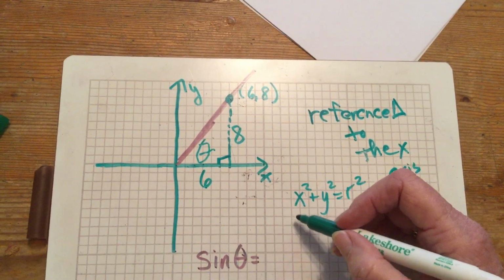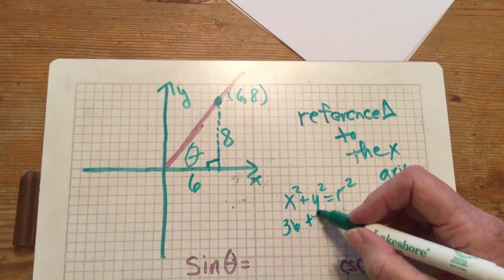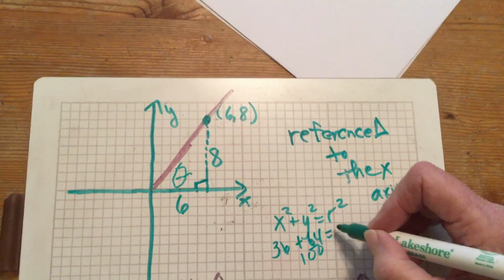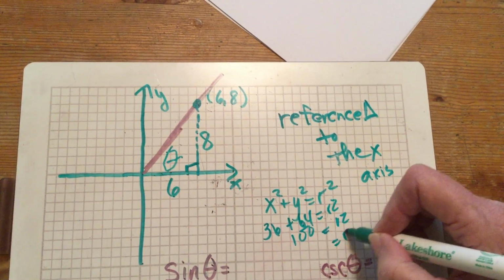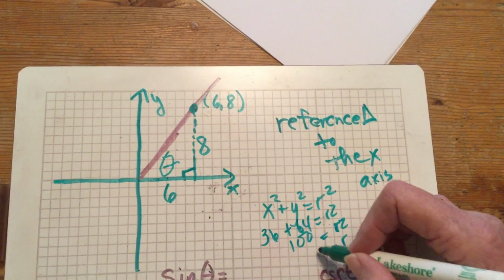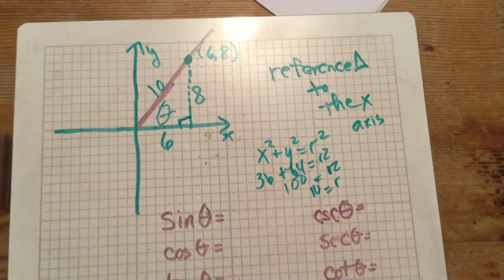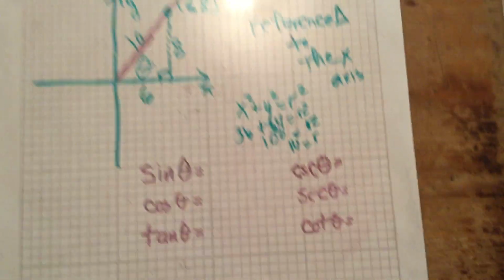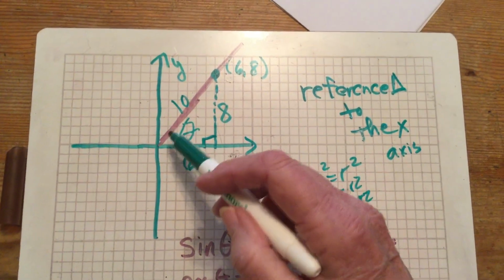Well, x squared is 6 squared, so that's 36. y squared is 64. And 36 and 64 is 100. So r squared is 100. So that makes r what? That makes r 10. So this is 10 out there. Then I can use my SOHCAHTOA right on this. Here's theta.